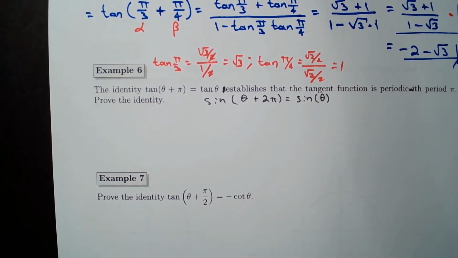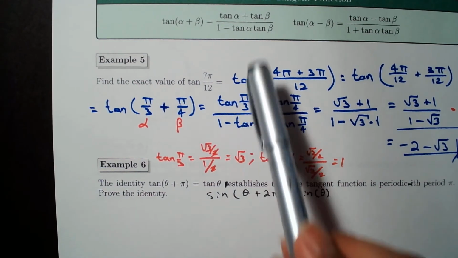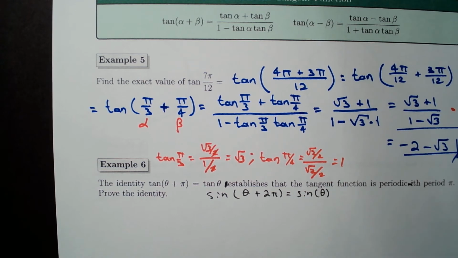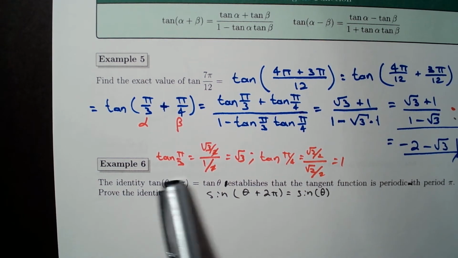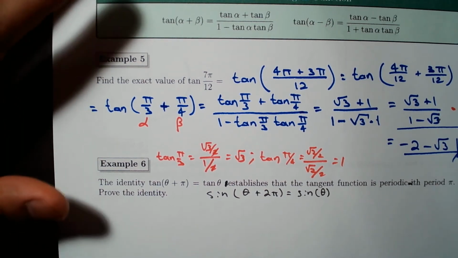So we're going to use this identity here again to prove that the period of the tangent function is pi.